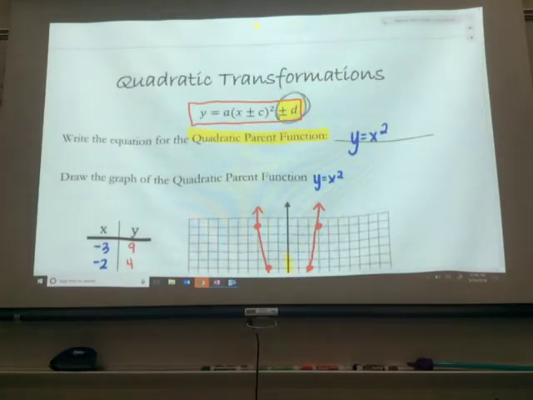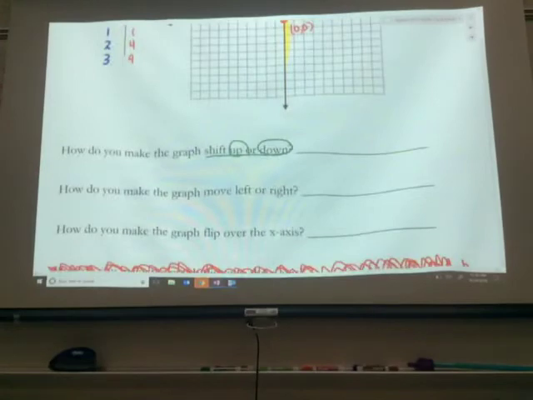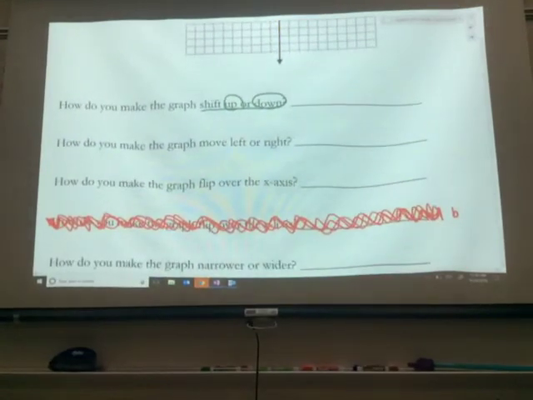This tells us it's going to move up or down. So, how do you make the graph shift up or down? You change D. If it's positive, you go up. If it's negative, you go down.